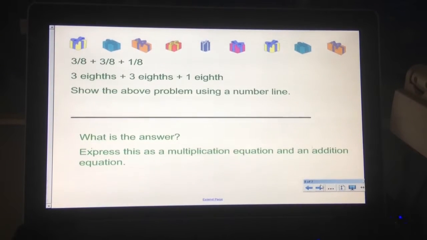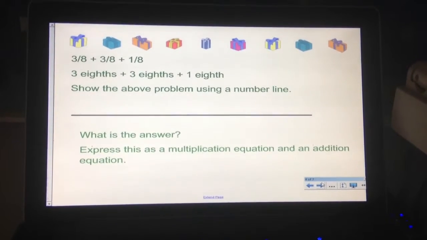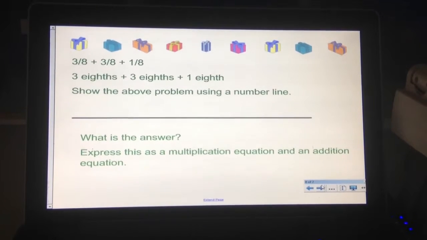Let's look at another one. This one is 3/8 plus 3/8 plus 1/8. We're going to show the above problem using a number line.